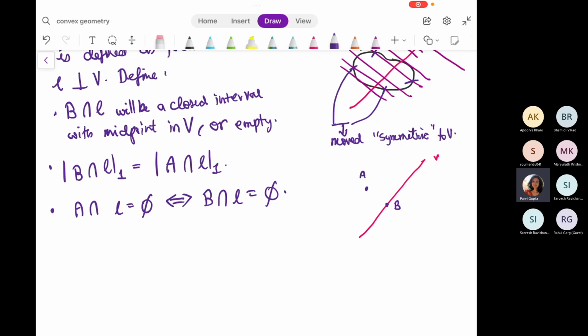With this symmetrization, you're choosing a direction, right? The condition you want is true for some direction. We'll start with sets for which it's true for all directions, so that we can apply it. At some point we will need to make sure that symmetrizations are available in every direction.